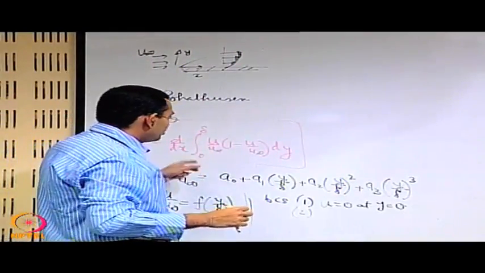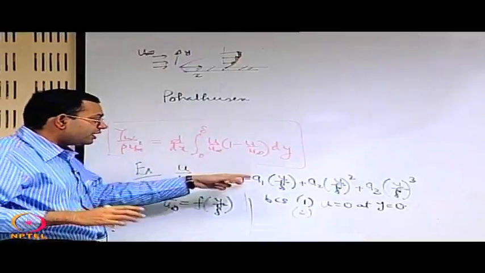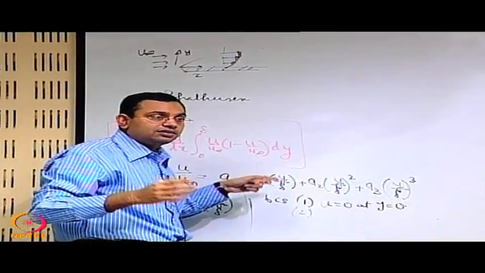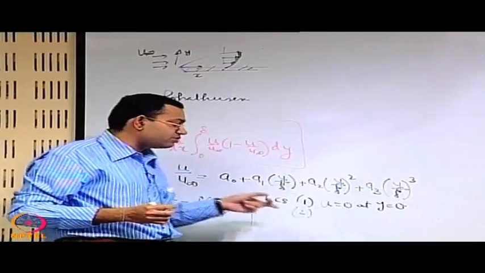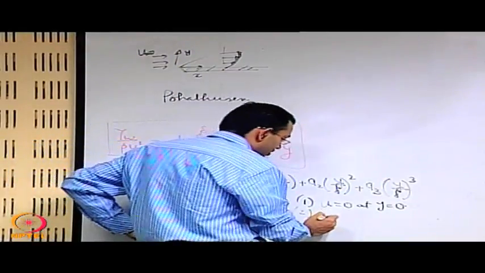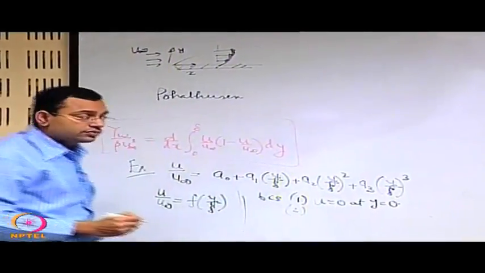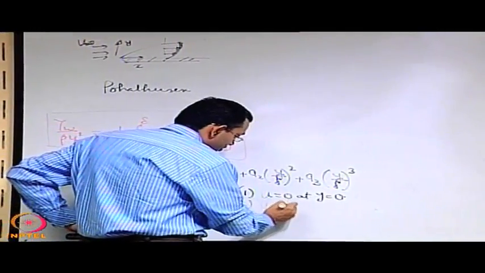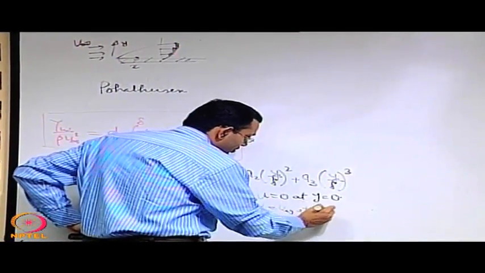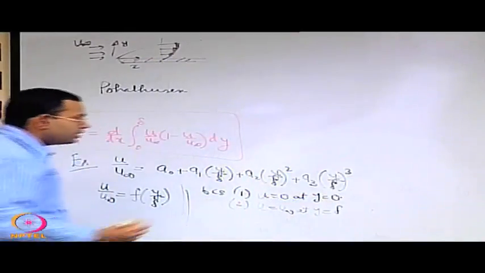Literally it is the variable y by delta, or eta, tends to infinity, but it is as good as y equal to delta. So at y equal to delta, what are the boundary conditions? u equal to u infinity at y equal to delta. Any other boundary condition at y equal to delta?